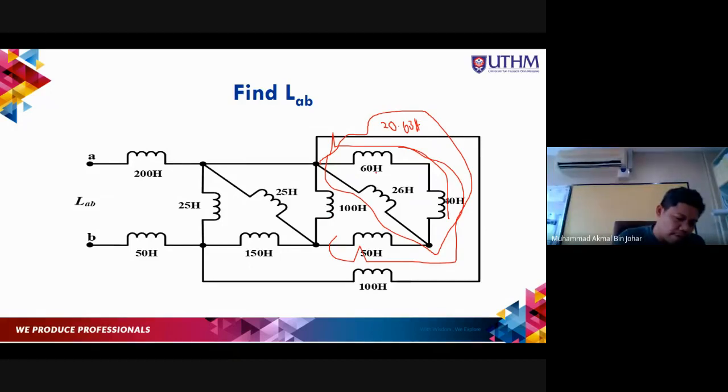So the LT will become 1/100 plus 1/70.63 equal to, so LT will give you 100 times 70.63 divided by 170.63. So this will give you 41.39.